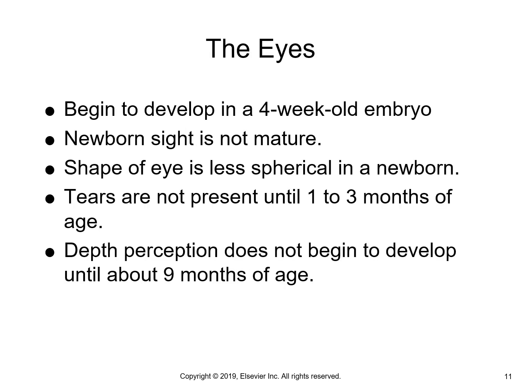Okay, so we're done with the ears. Let's talk about the eyes and the conditions that affect the eyes, but still focusing on the pediatric population. So the eyes begin to develop in a 4-week-old embryo, and the newborn's sight is not mature yet.